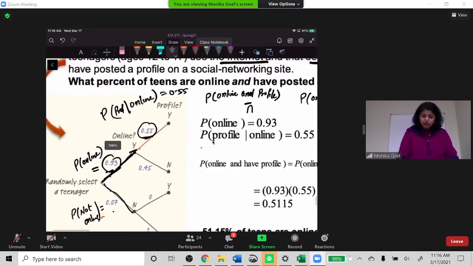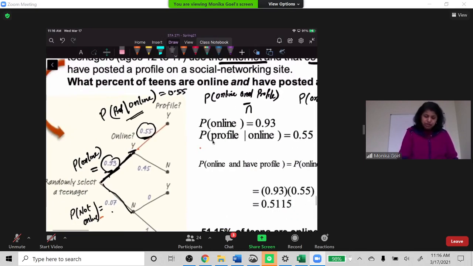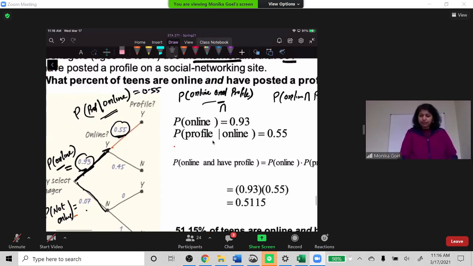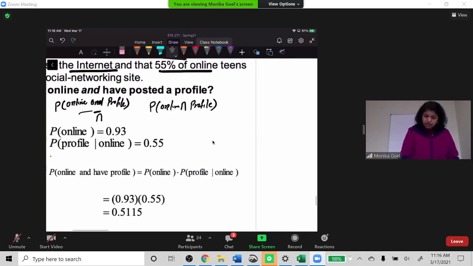And if you look, we have the conditional probability, we have the individual probability. Can we find the intersection part? And the answer is yes. We can use our multiplication rule.